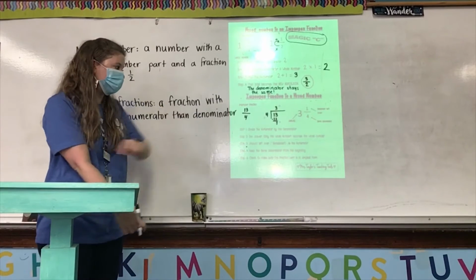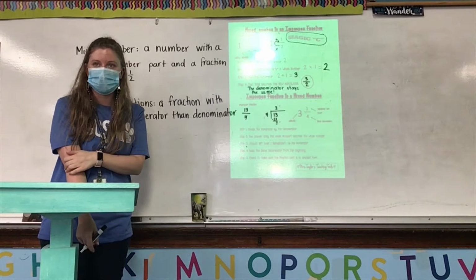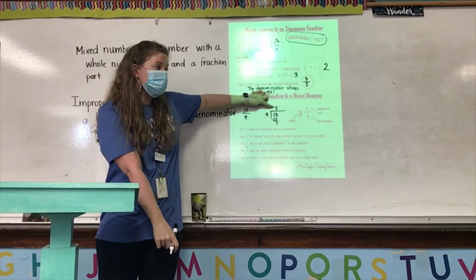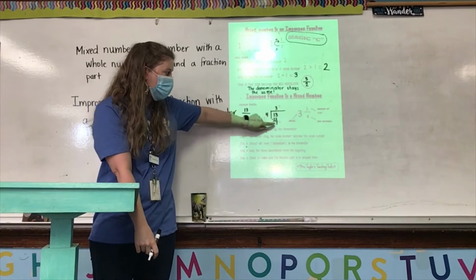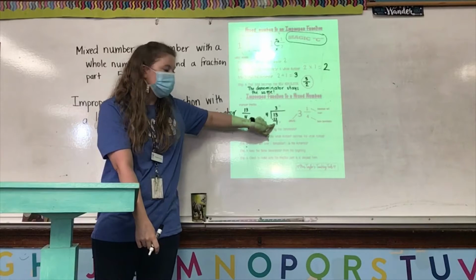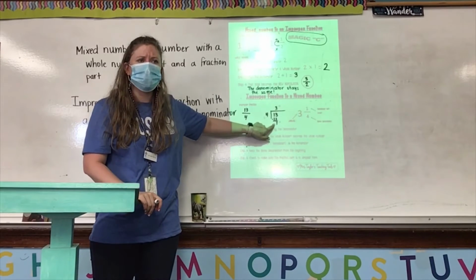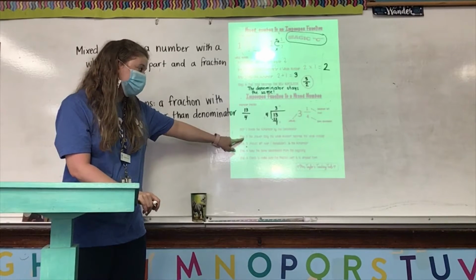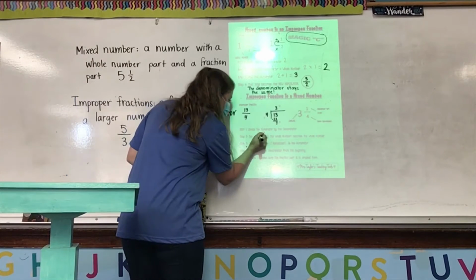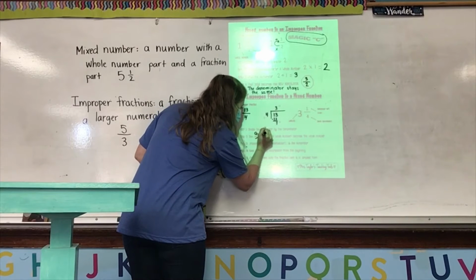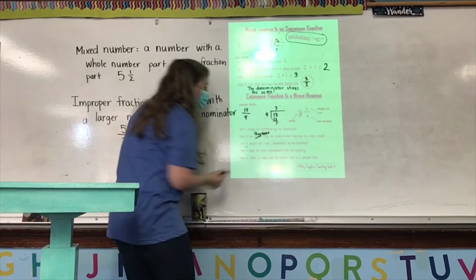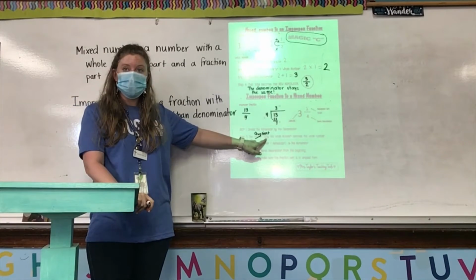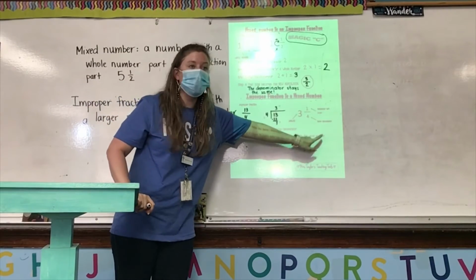Okay, so we just did step 1. We divided the numerator by the denominator. Now we have a quotient, a divisor, a dividend, and a remainder. What do we do with those things? Well, the next steps tell us what to do. Step 2. The quotient, only the whole number, that means without the remainder, becomes the whole number.